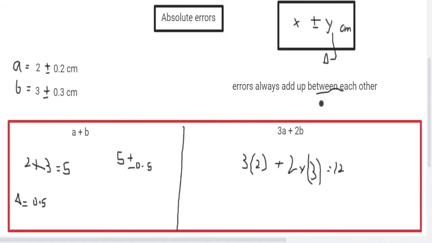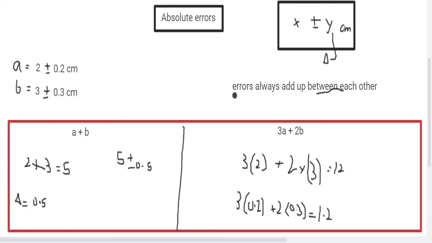How do I solve the errors? I would simply do this. 3 times the error of A, which is 0.2, plus 2 times the error in B, and the error in B is 0.3. So in the bracket I'm going to write 0.3, and I get my final answer as 1.2.